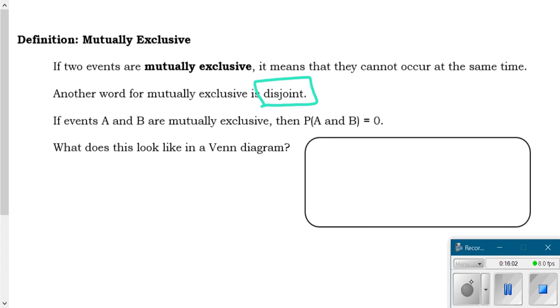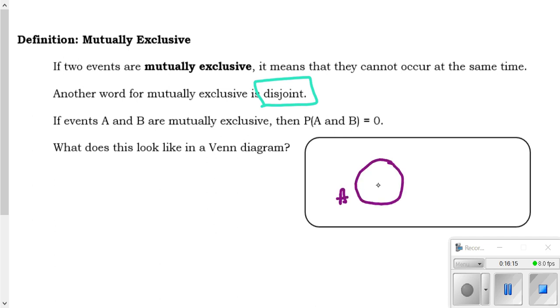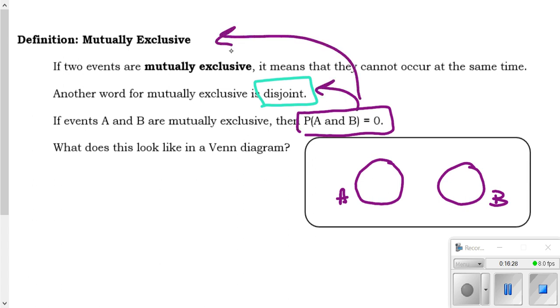And if A and B are mutually exclusive, that means that their probability together, both of them happening, is 0. Because the way that that would look in a Venn diagram is like this. Here's event A, here's event B. There's no overlap because it's impossible for both of them to happen, right? Because they are disjoint or mutually exclusive. Okay, so that's what it looks like when you have mutually exclusive events.